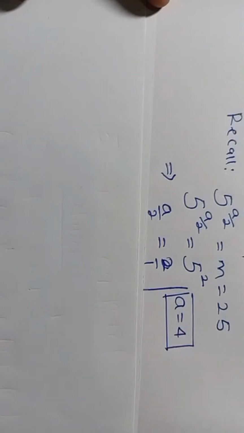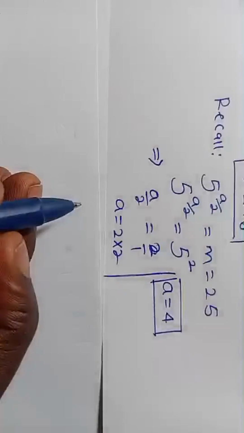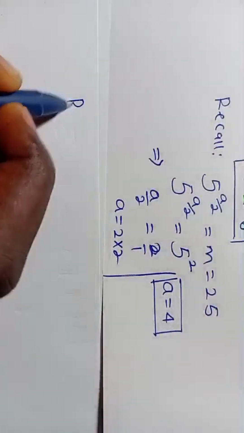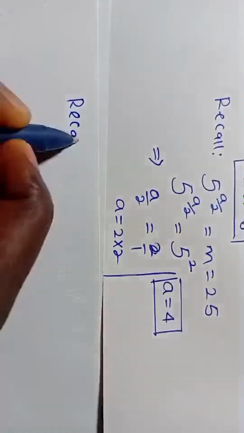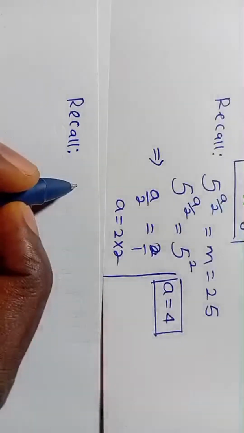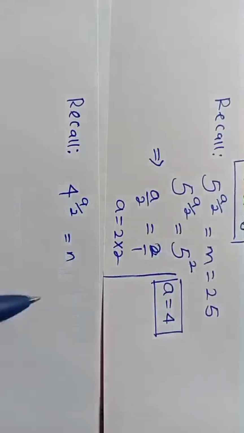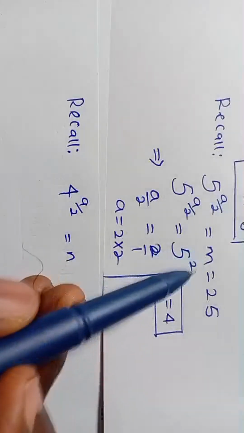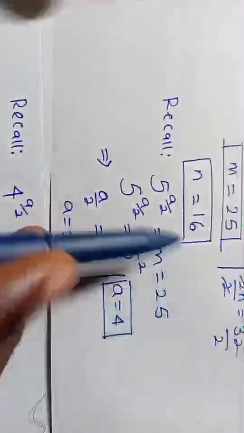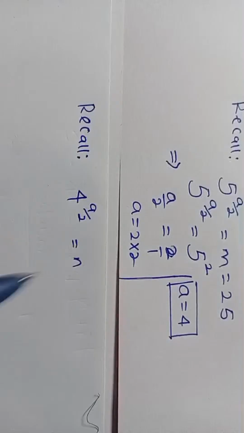Then we have to recall as well that we have 4 to the power of a over 2 to be equal to n, and our n equals 16.